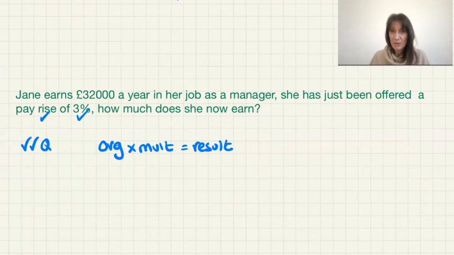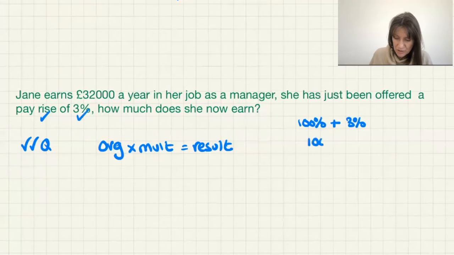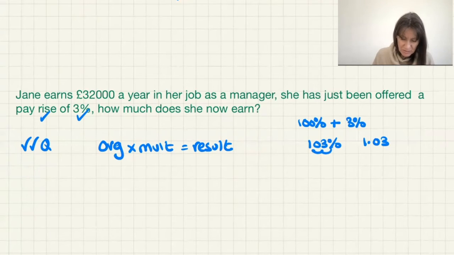I now need the multiplier. It's an increase, so it's 100% plus the 3%. That's really not necessary. Let's just actually write it. 103%. And that's going to give me 1.03, just coming in those two places. The original, she was earning 32,000.